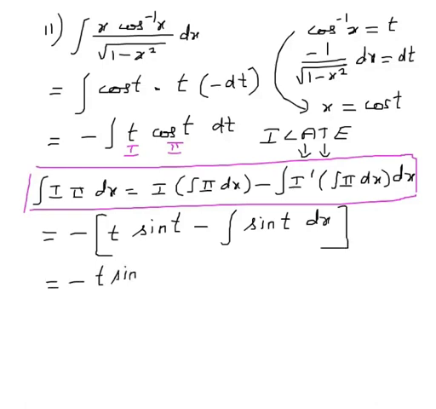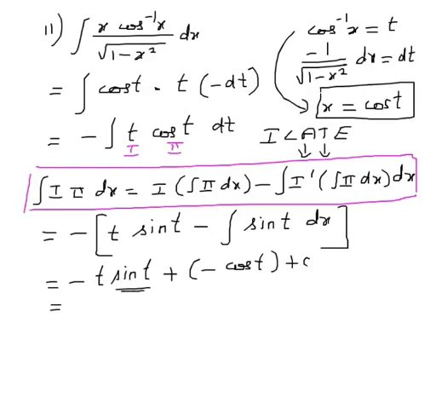Minus t sin t plus integral of sin, which is minus cos t. Let us substitute for t. Look at the substitution cos t. So change this sin t in terms of cos using the identity, which is root of 1 minus cos square t, minus cos t and plus c.